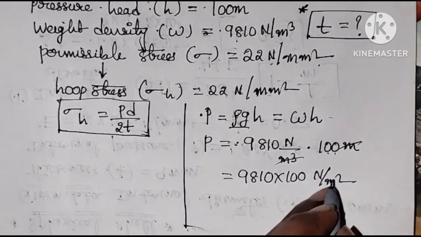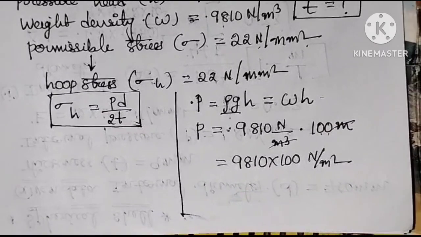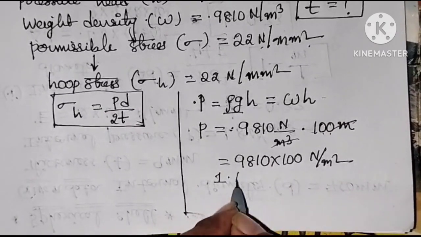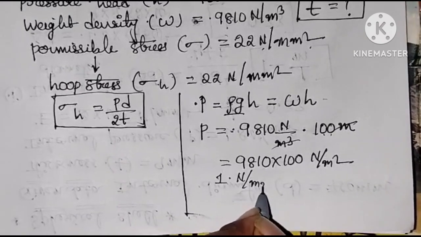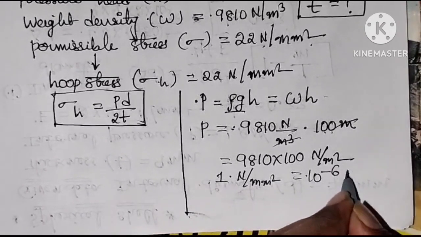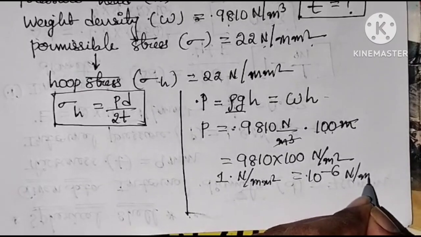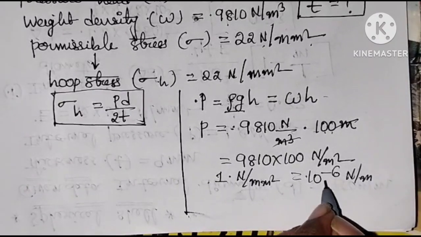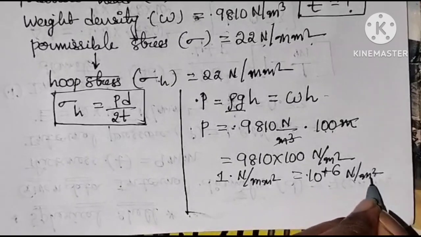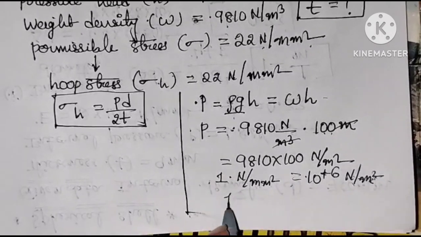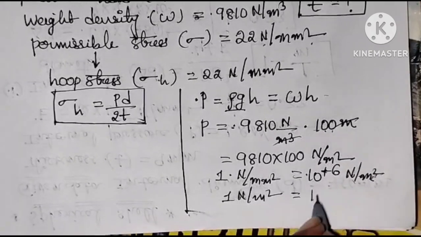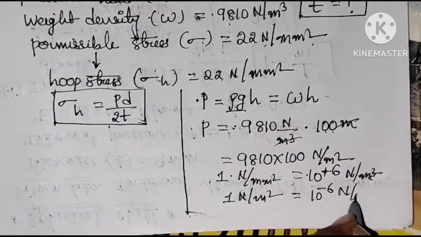Let us convert it into Newton per mm square. We know that 1 Newton per mm square is equal to 10 to the power of 6 Newton per meter square, or 1 Newton per meter square is equal to 10 to the power of minus 6 Newton per mm square.